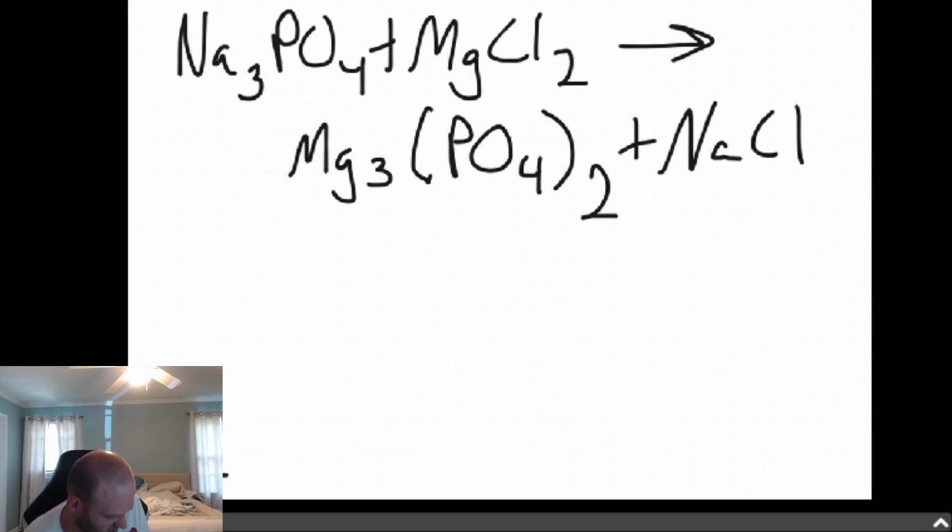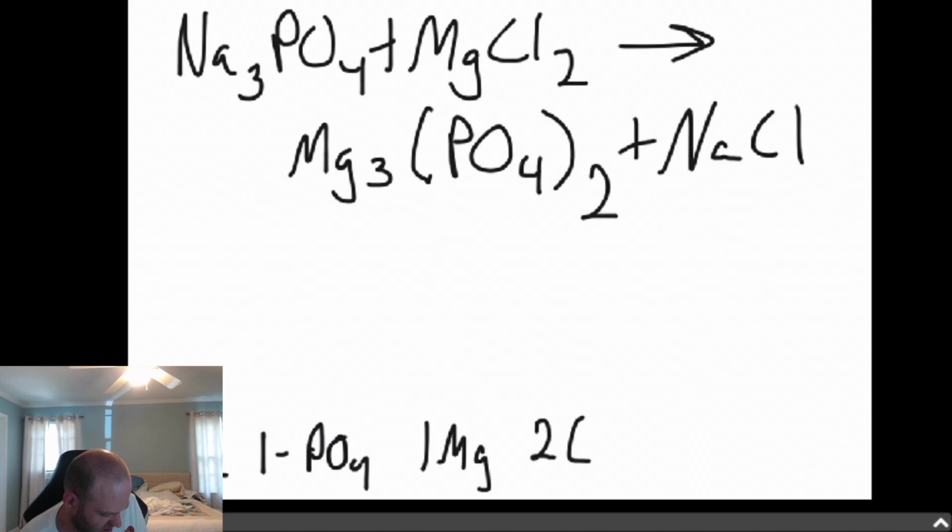3 sodiums, 1, this is PO4, I have 1 phosphate. All right, 1 magnesium and 2 chlorides. Okay, so now on the other side, I have 1 chloride here, 1 sodium here. I have 2 phosphates here, 3 magnesiums here.